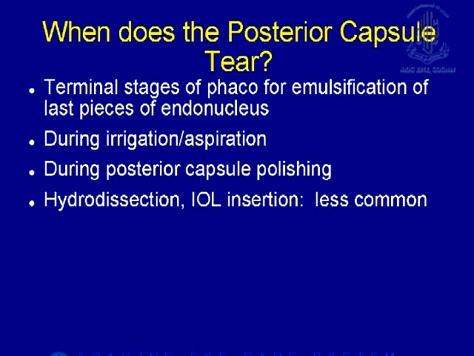Very rarely it can happen if you're vigorously polishing your posterior capsule, or rarely it can even happen during hydrodissection in the initial stages, or in the late stages like in implanting an intraocular lens, wherein suddenly your lens jumps out from your injector or something else, which really damages your capsule to have a posterior capsular rupture.